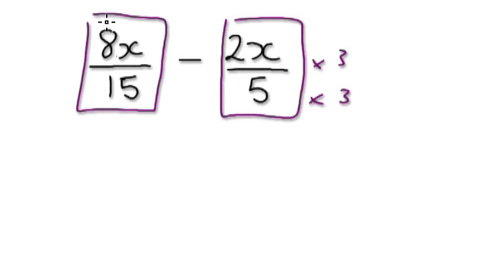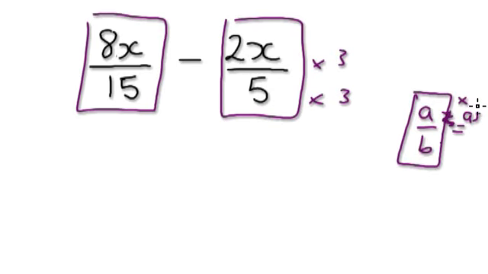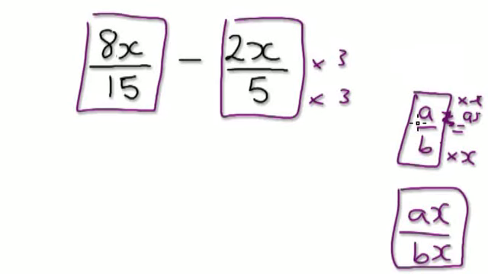And leave this one as it is, because when you times a fraction, let's say you've got a over b, when you times top and bottom by x, it's really the same. If you have a fraction and you times top and bottom by anything, say x, this new fraction is the same as the original, just written differently.